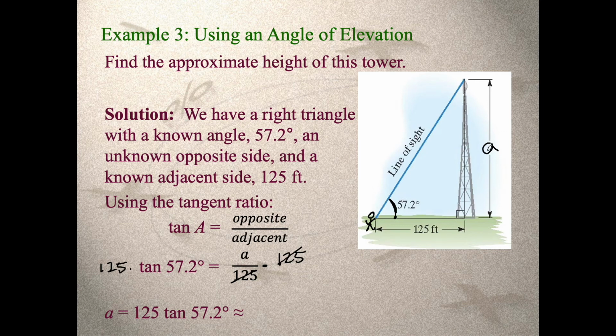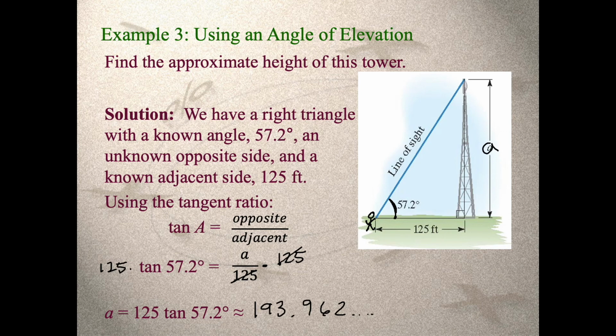So remember, you want to type 125 first, the tan button, then 57.2, and then hit equals. And that gives you, in your calculator, you should see 193.962, and so on. Okay, it goes on forever.